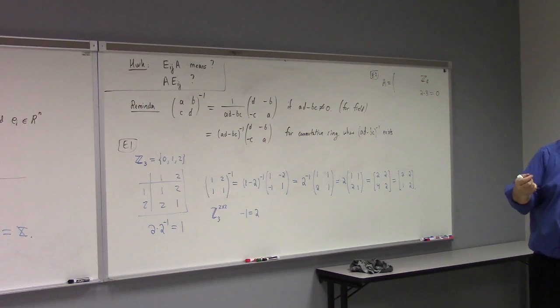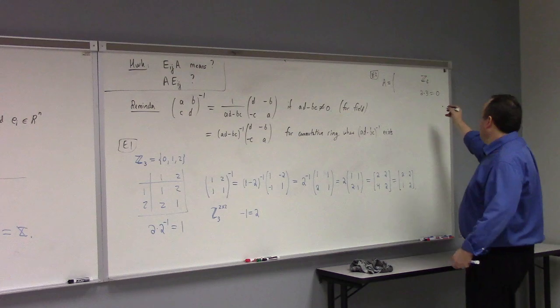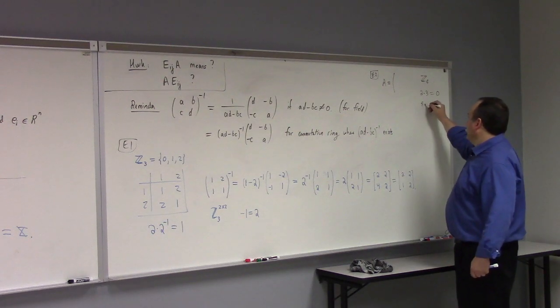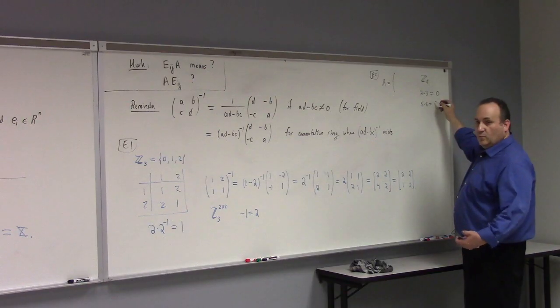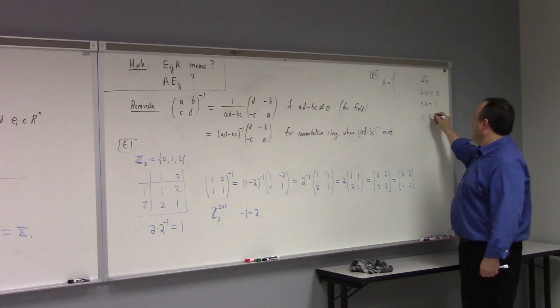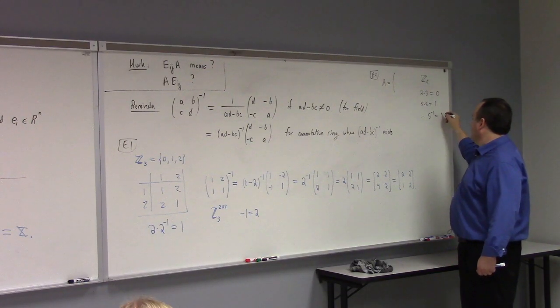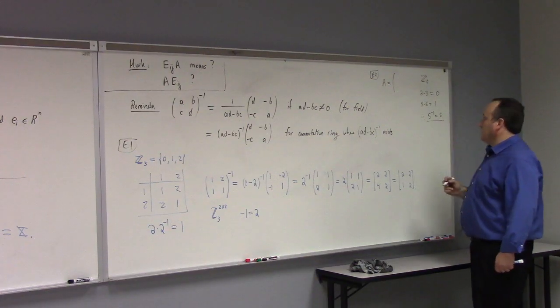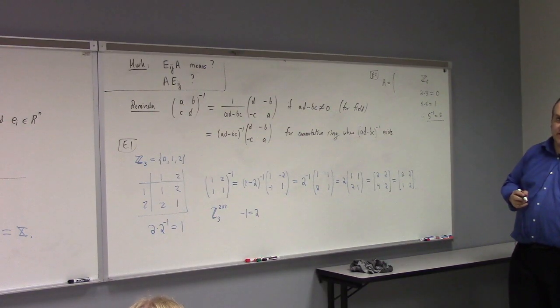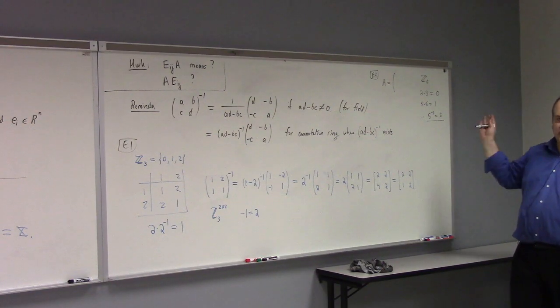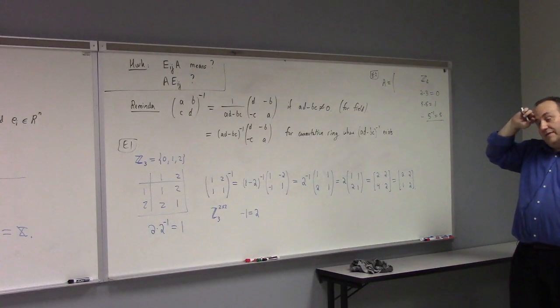They don't have inverses. But in Z mod 6, notice that 5 times 5 is 25, which is 1. So again, it's its own inverse. And 3 is a zero divisor.